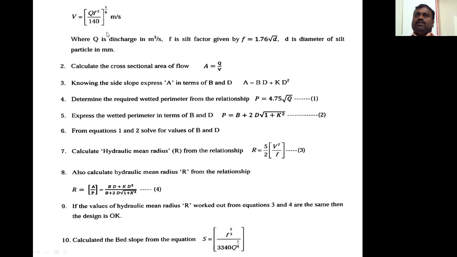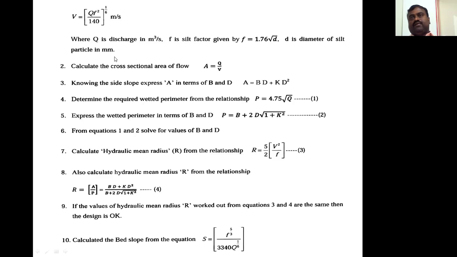His design includes initially the calculation of the velocity value using the given expression V is equal to (QF²/140)^(1/6).